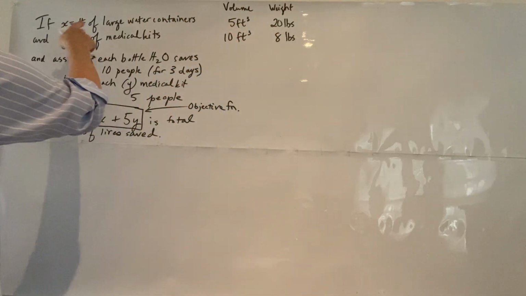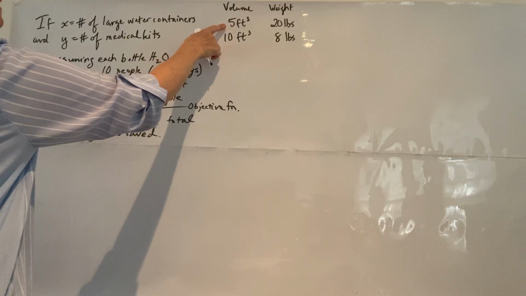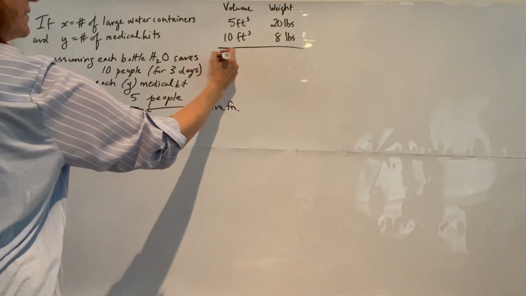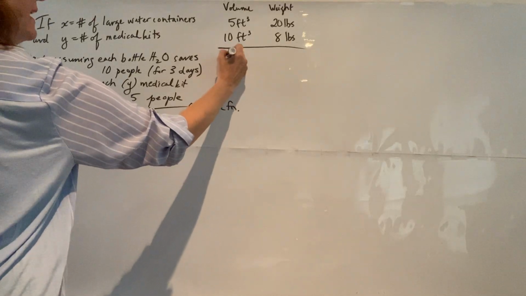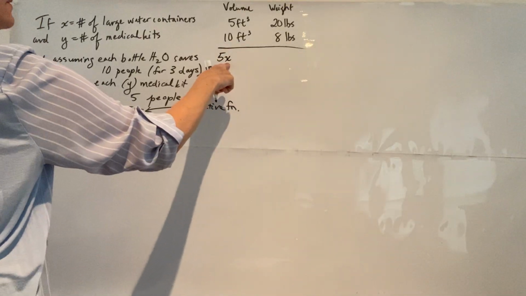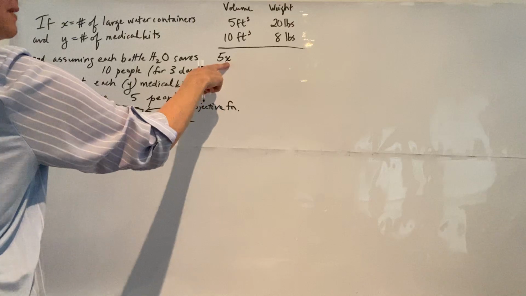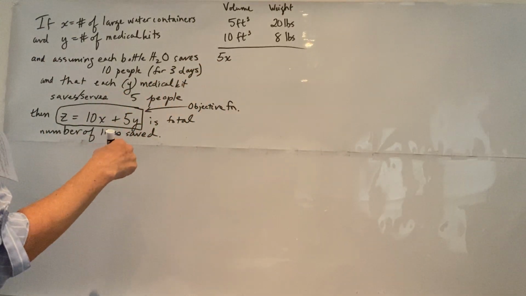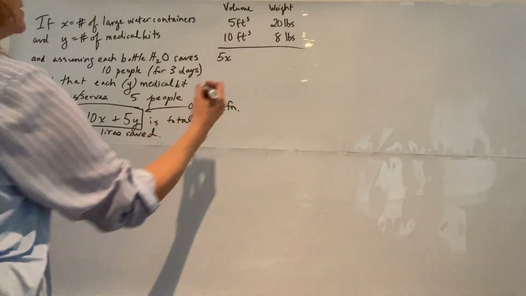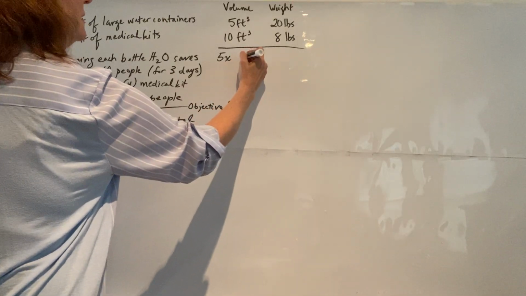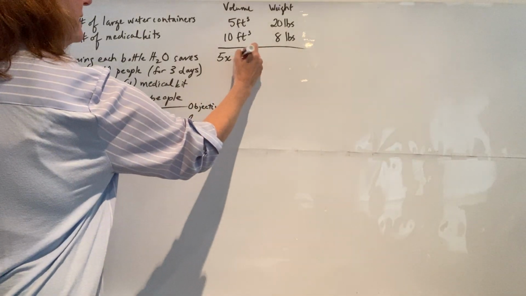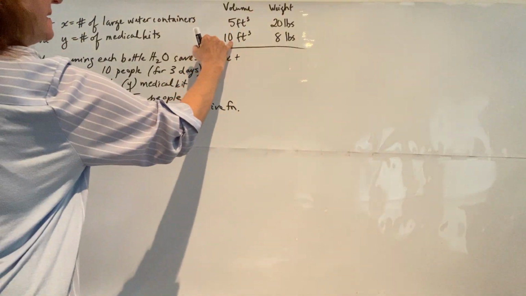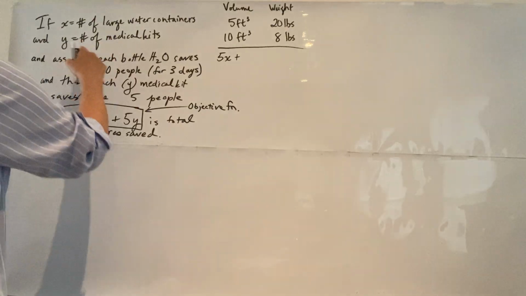If the volume of each bottle of water is 5 cubic feet, then in total volume we will have 5x, 5 cubic feet per container multiplied by the number of containers is the total amount of cubic footage taken up by all the waters, to which we're going to add all the cubic footage taken up by the medical kits, which would be 10 cubic feet per medical kit.